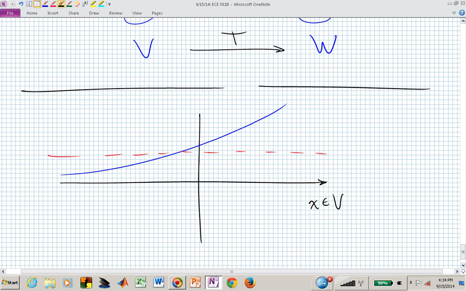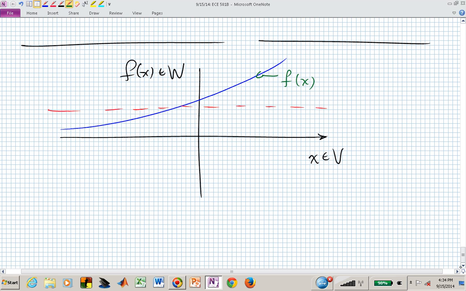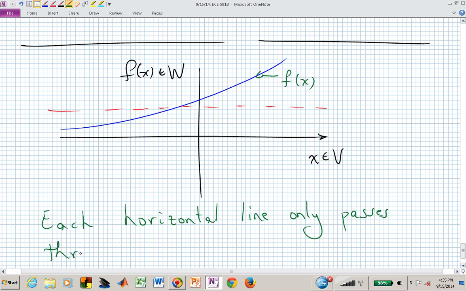Here is then our f of x in the codomain. And the red line then says that each horizontal line only passes through one point on f of x.